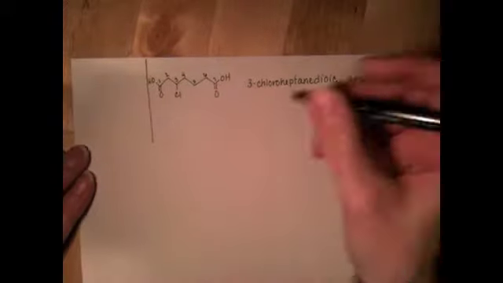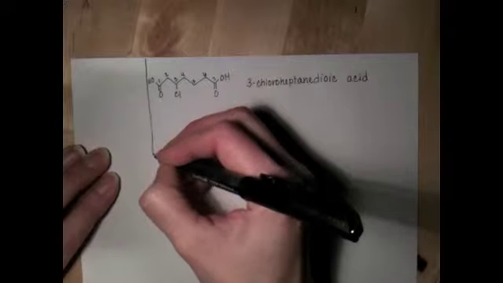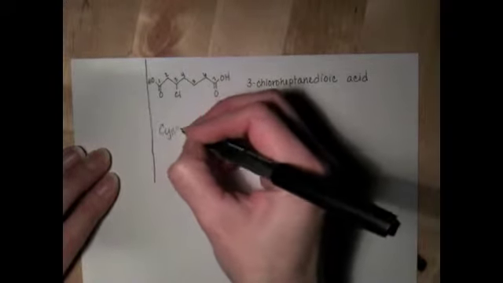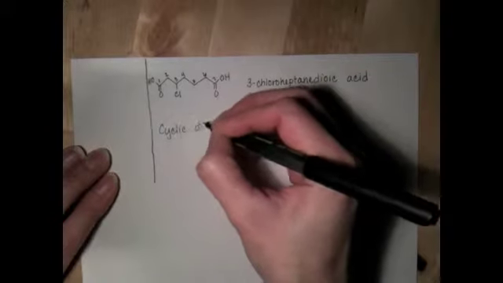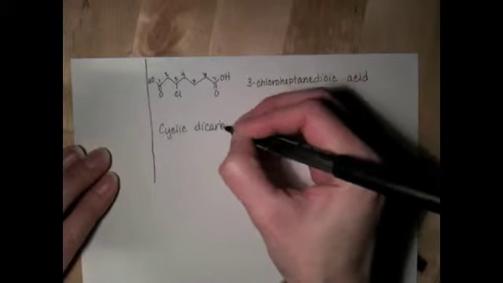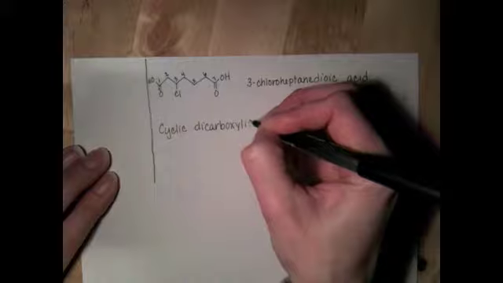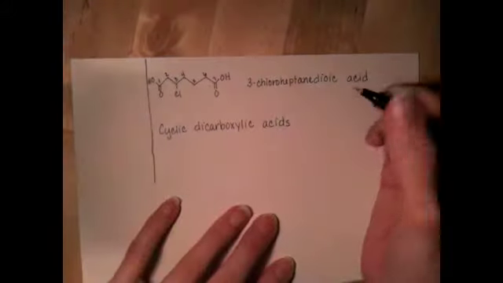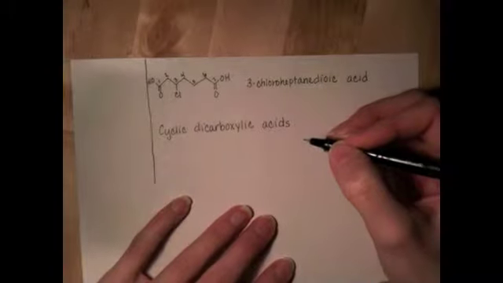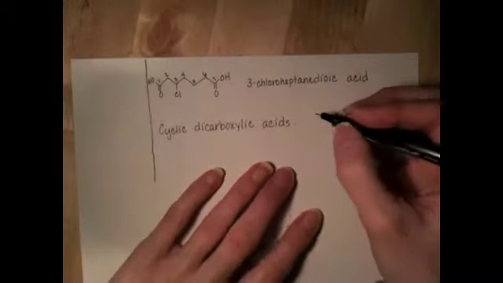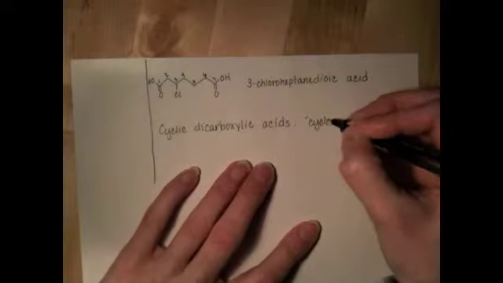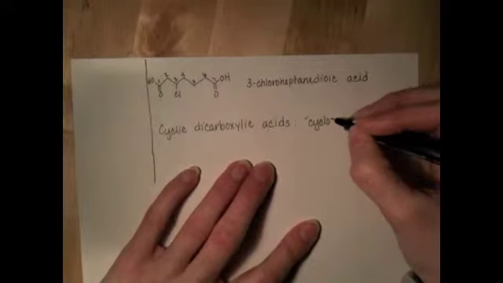And the last nomenclature thing that we're going to look at is cyclic dicarboxylic acids. Cyclic dicarboxylic acids are named as cycloalkane dicarboxylic acids, like cyclohexane dicarboxylic acid.